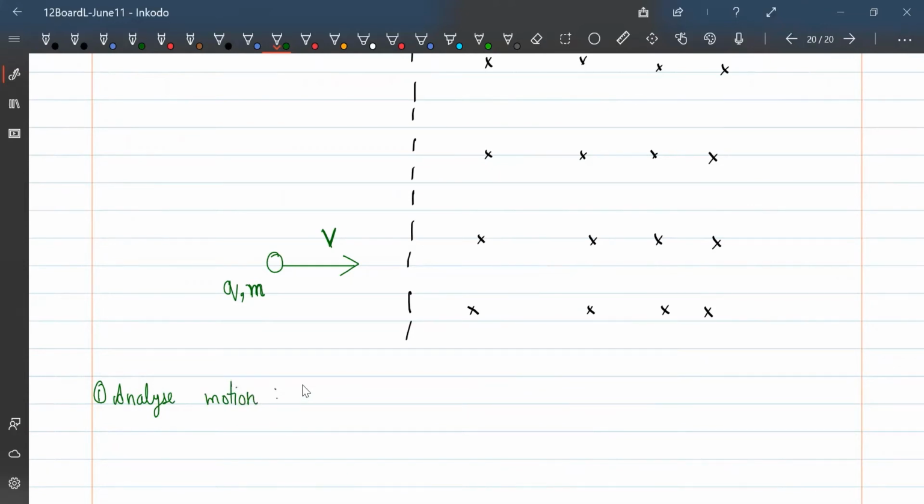Then in analyzing the motion, you have to draw the trajectory of the particle. Then you have to find the time for which the charged particle Q stays in the magnetic field region.